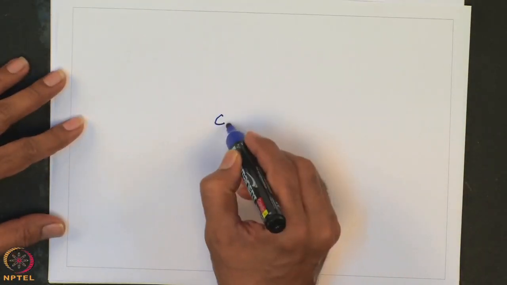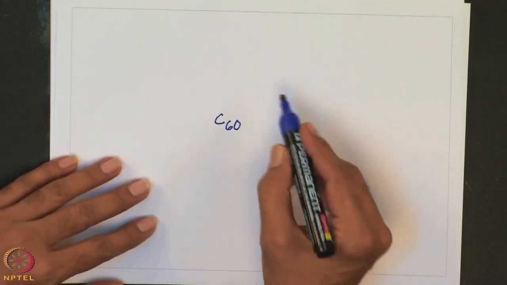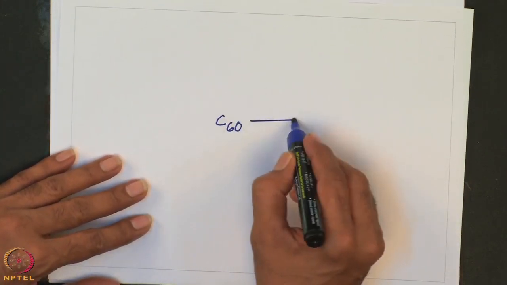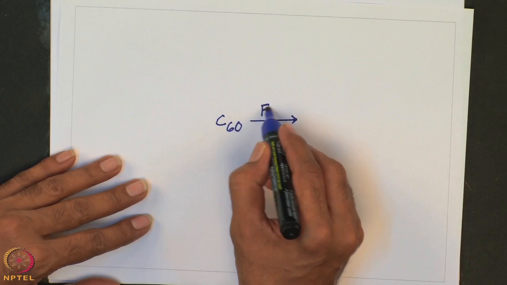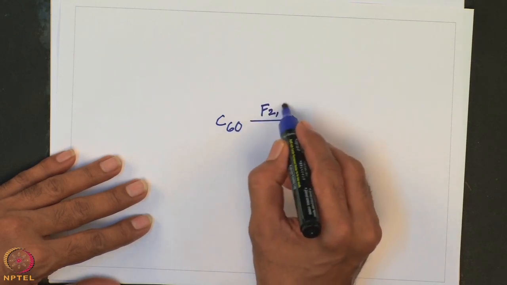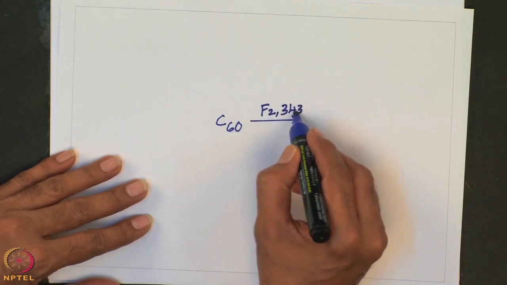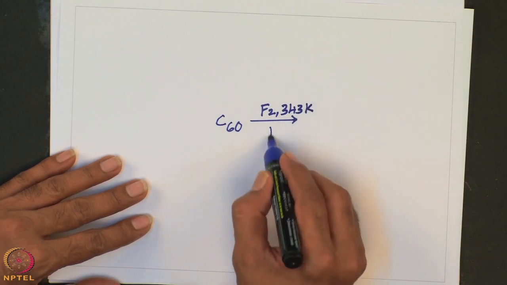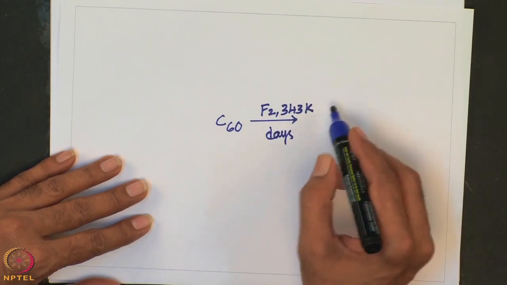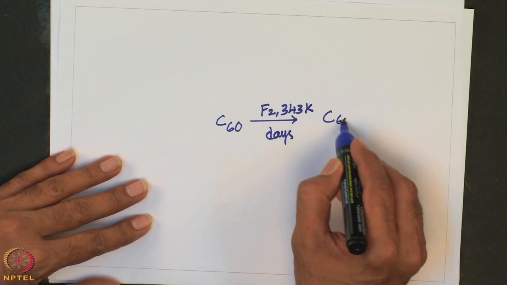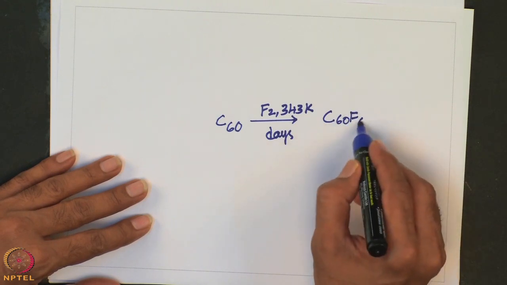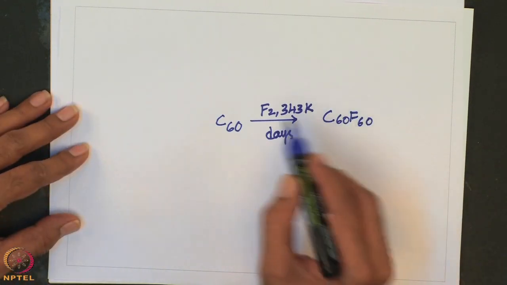Let me write some reactions of C60. For example, if it is treated with F2 at 343 Kelvin for days, it forms C60F60.